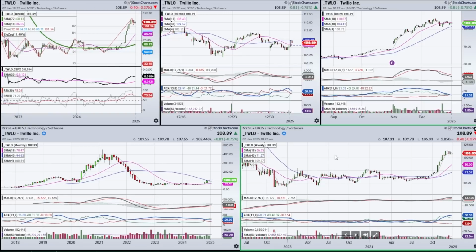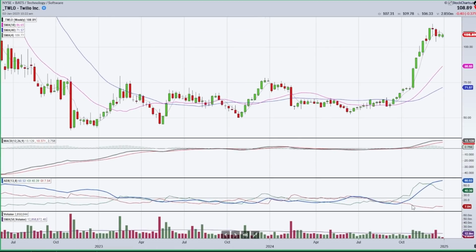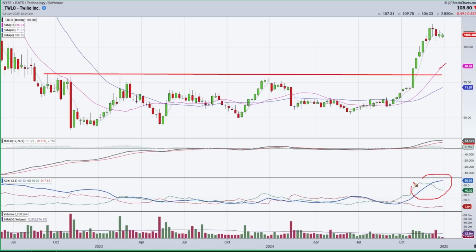Now, Twilio has definitely gotten itself in gear. Look at the way this 18-month is turning up for the first time. Look at the strength of this move as it emerged out of this base. Now, the problem we've got is we've got price support down here around 76, 77, and we've got an 18 that's really far away. Now, if this stays rising, then we don't have to come all the way down to the 18, but we need to pull back some.